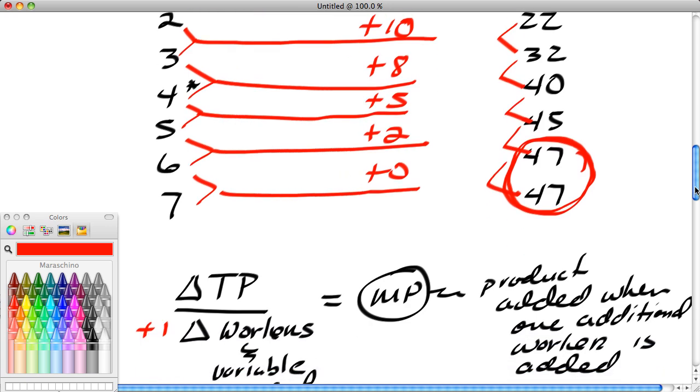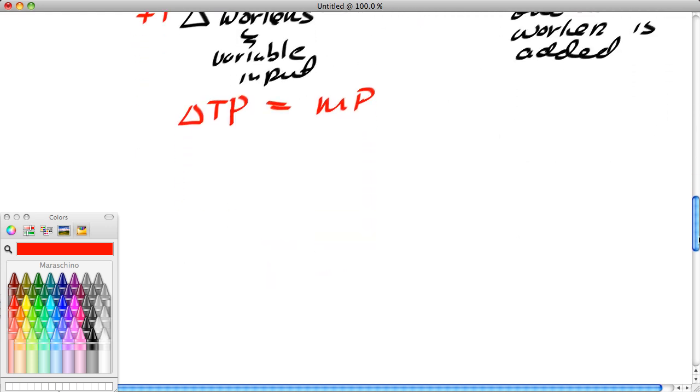Okay? This has a name. Let me actually define this for you. Falling marginal product has got a name. It's called the law. We're going to put law in front of it because this is proven and it's important.